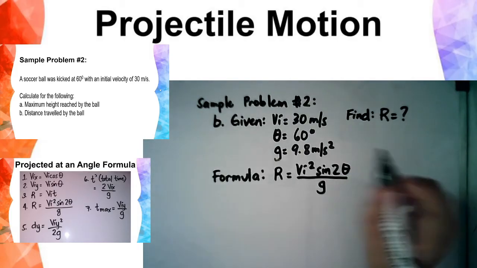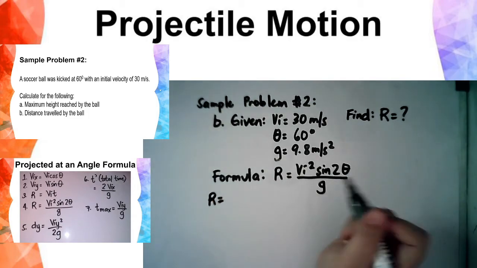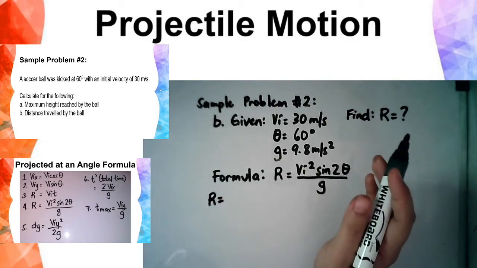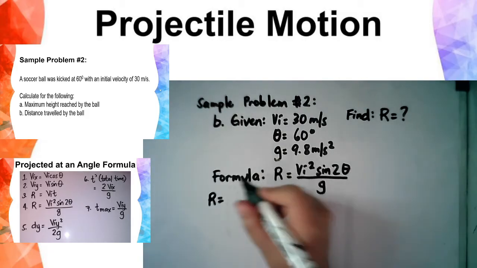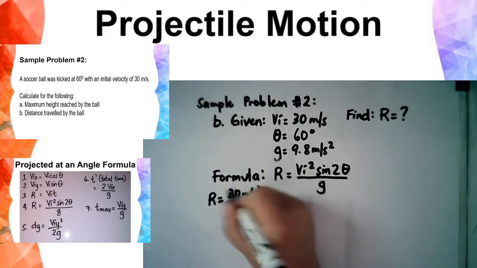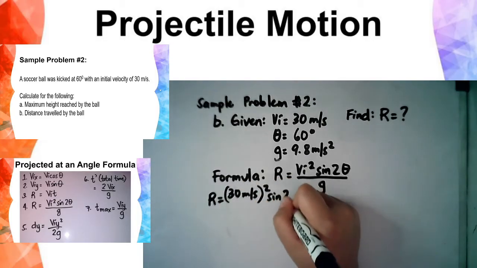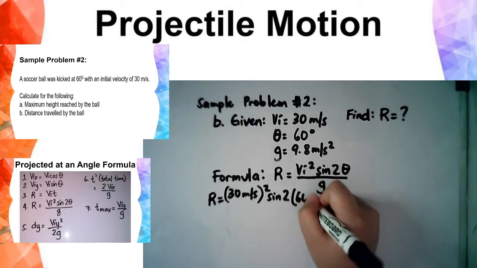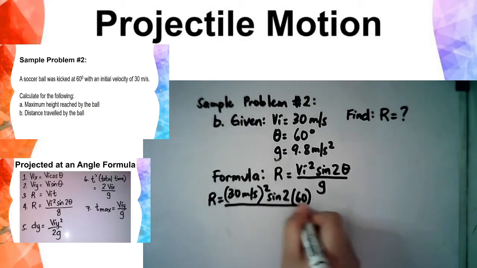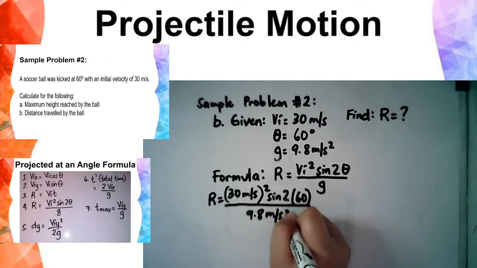Okay? So, sa solution natin, so we have R. So, substitute muna natin yung mga given quantity. We have the initial velocity which is 30 meter per second. This is squared. Sine 2, the theta is 60. Okay? Divided by G which is 9.8 meter per second squared.